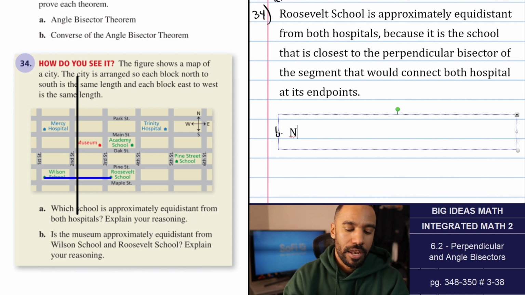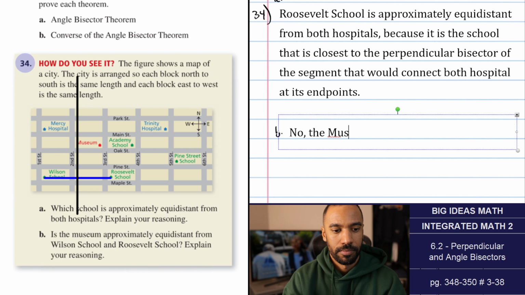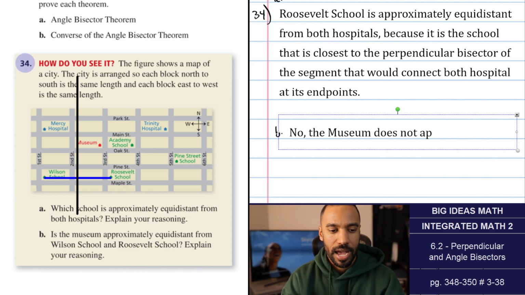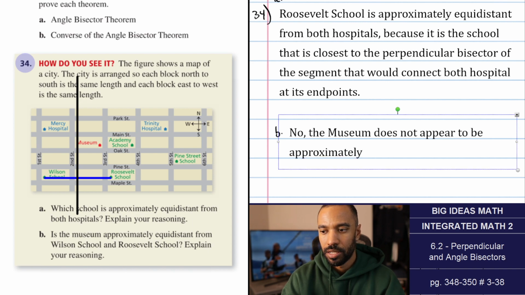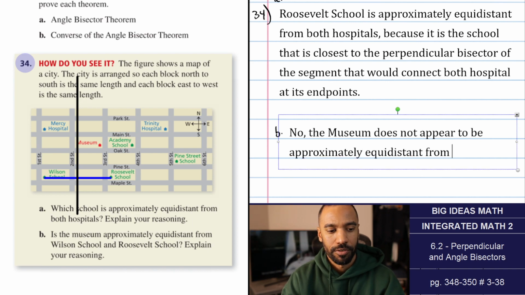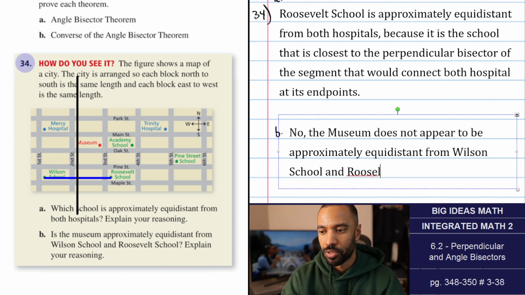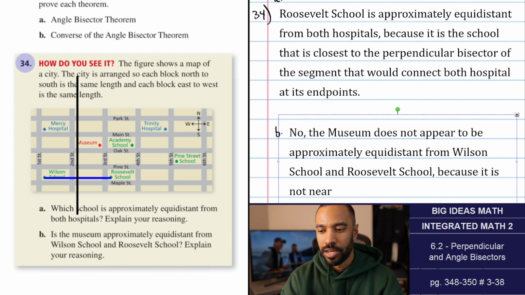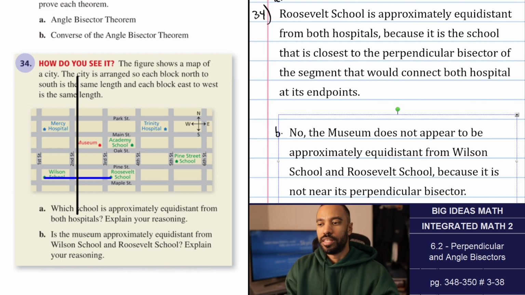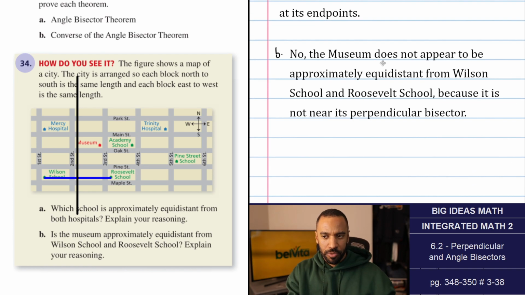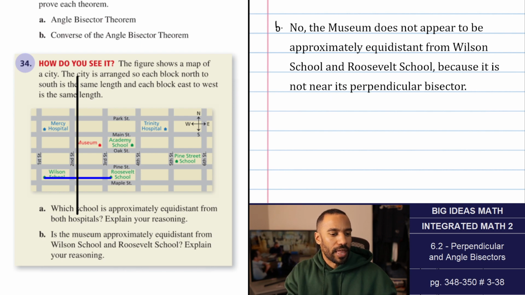So, no, the museum does not appear to be approximately equidistant from Wilson School and Roosevelt School because it is not near its perpendicular bisector, the perpendicular bisector that would connect both schools at its endpoints. So that's part B.